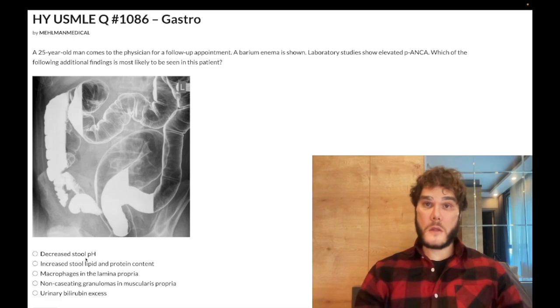They like that. Decreased stool pH is just characteristic. If you can't digest or absorb lactose, then you can get a fermentation process, bacterial process acting on the disaccharide in the bowel, and you can get decreased stool pH as a result. Wrong answer.